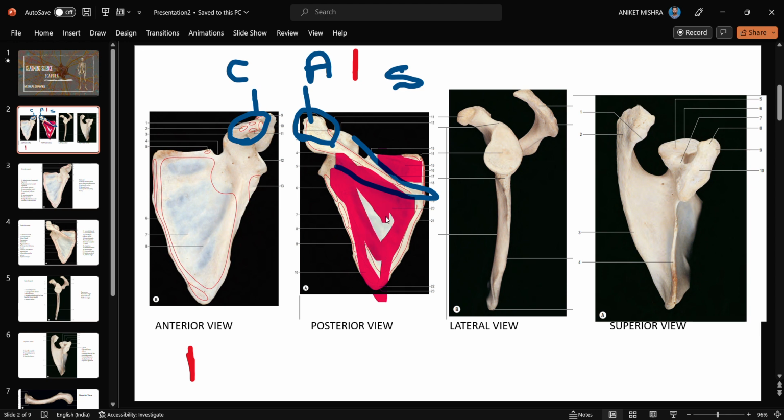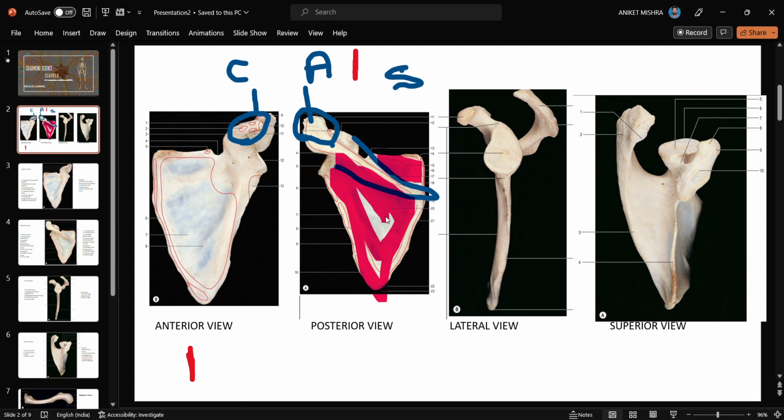So the spinous process is triangular in shape, has three borders and two surfaces, and one of its major roles is that it divides the dorsal aspect of the scapula into two parts. The supraspinous is the upper part which lies above the spinous process, and the one which lies inferior to the spinous process is known as the infraspinous.